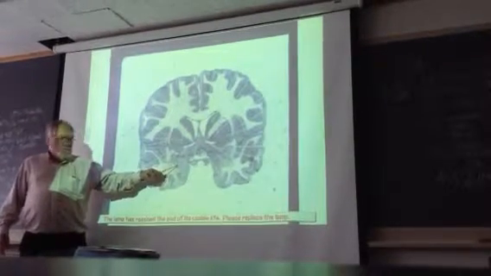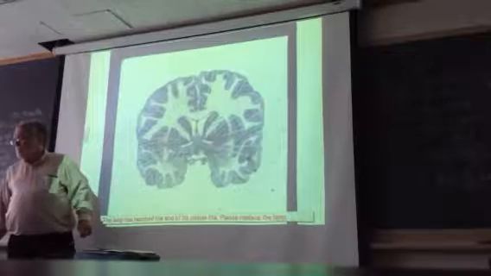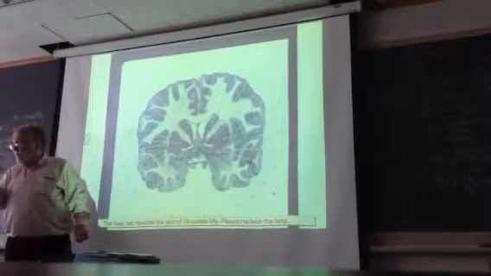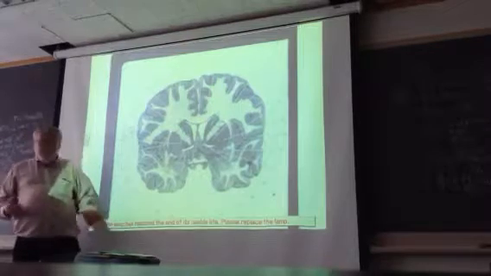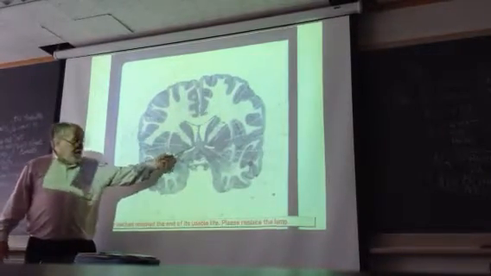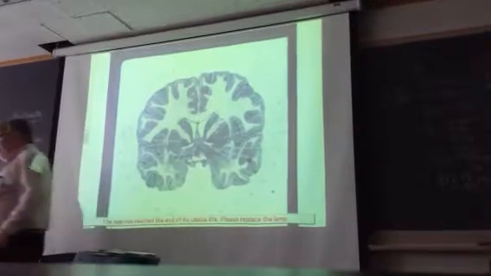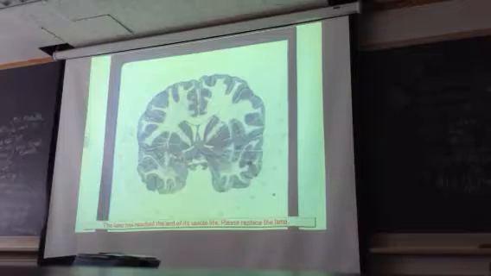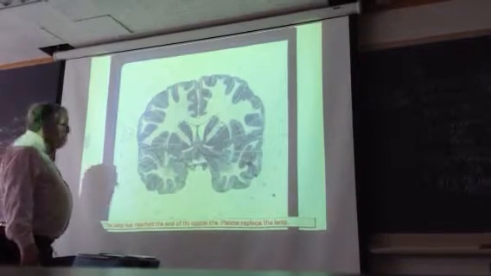The amygdala, because we're still a bit rostral. Remember, it'd be the amygdala because the anterior commissure would be coming on either side.